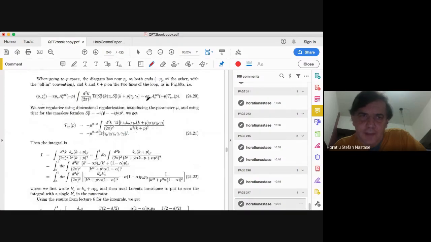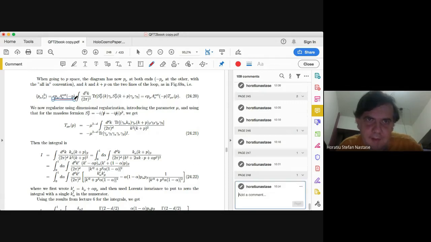So I can pull out this part with the coupling e, the momentum p, and the external field A nu external at minus p, and the rest I will call T mu nu of p, just an expression that depends on the momentum p.